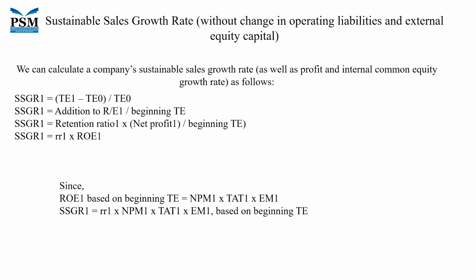Since the assumption of using sustainable sales growth rate is without external funding, the main source of internal funding is the retention of the company's profit. So we begin with SSGR by taking the change in equity, total equity for this period minus the total equity last period.